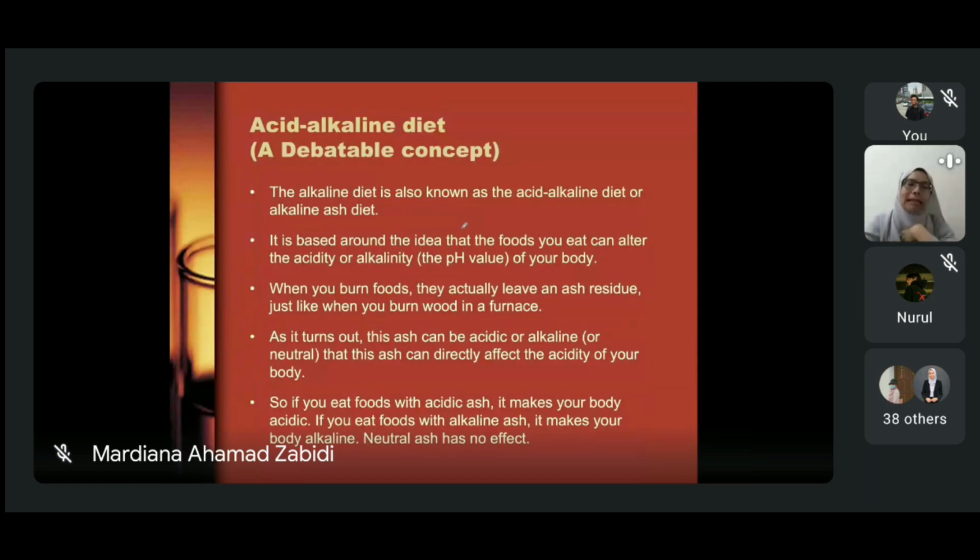But this one will be my personal opinion. This is a discussion whereby you can agree to disagree.